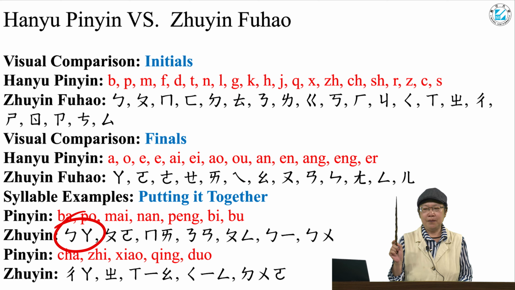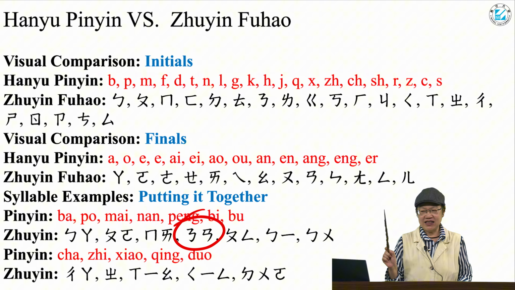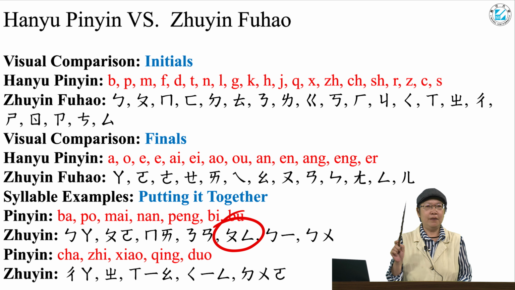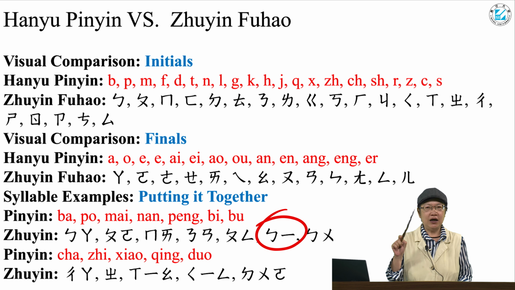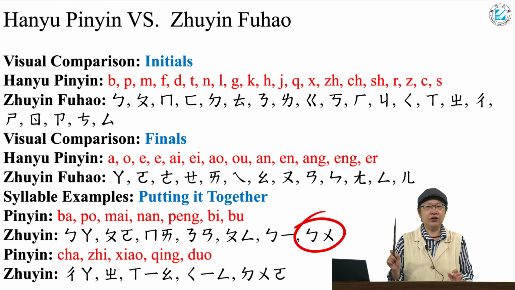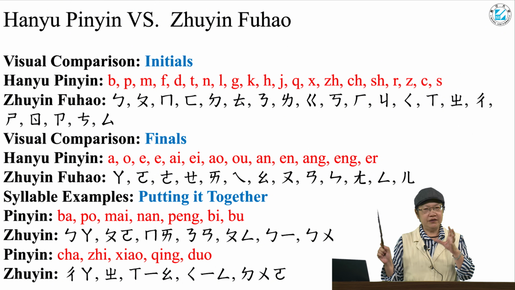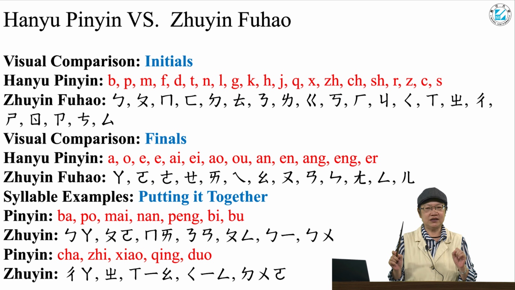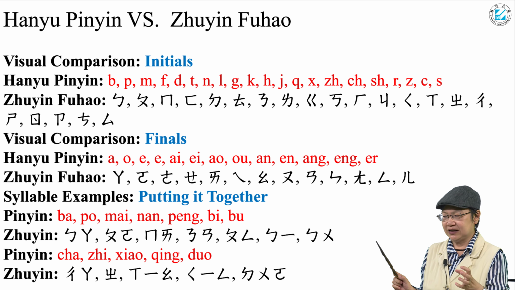Ba, po, mi, nan, peng, bi, bu. You can write in the first way or the 汉语拼音 way, either, and try to learn the one system that you like, and try to learn how to pronounce it correctly.